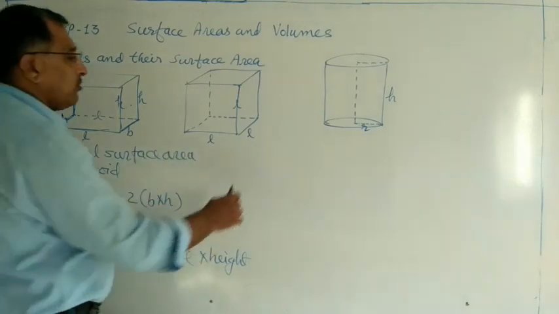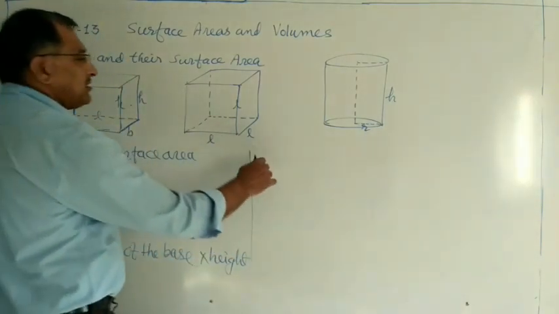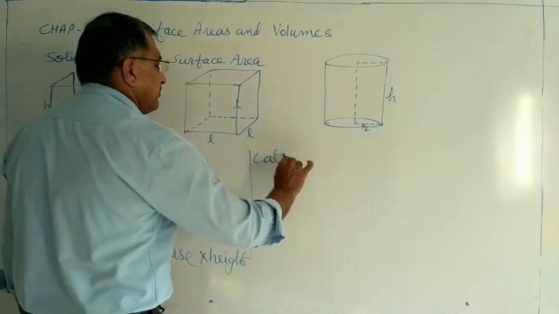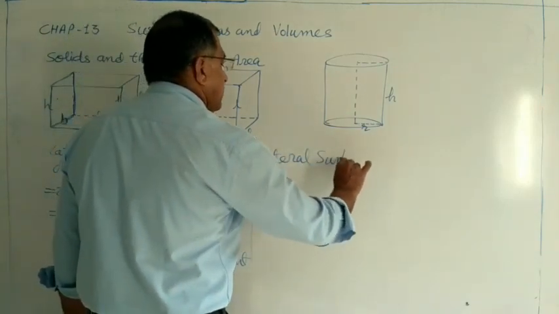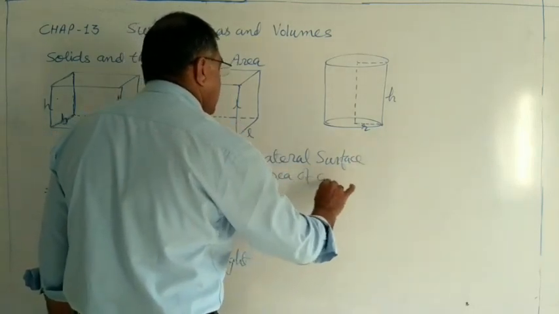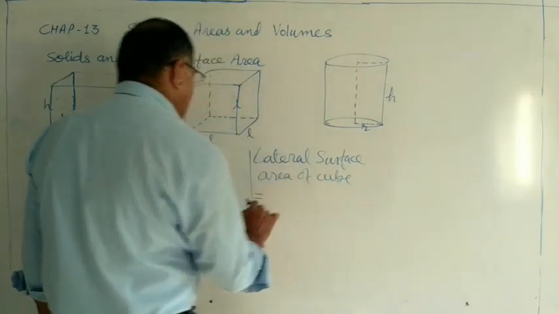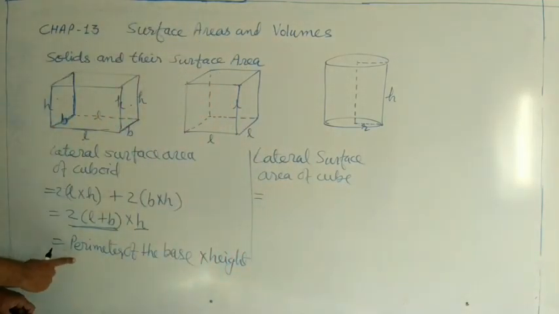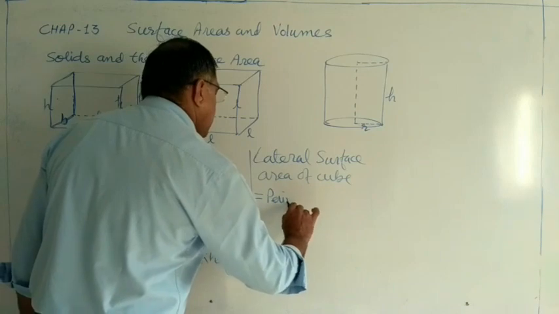Then we can go for cube. For the lateral surface area of cube, we can make use of the same formula. You have to remember: perimeter of the base multiplied by height.